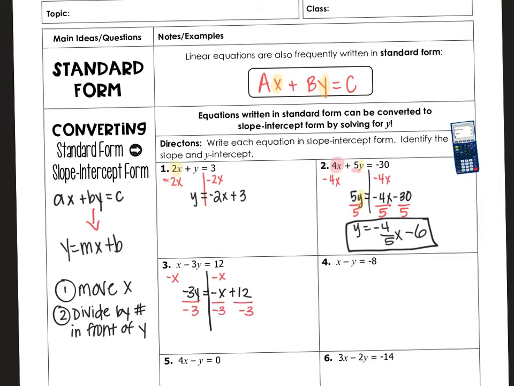I'm left with y equals, and I go to my calculator: negative 1, because there's a 1 in front of that x. Negative 1 divided by negative 3 gets me positive 0.333. Math, enter, enter. I get 1/3 x. And 12 divided by negative 3 is negative 4, or minus 4.